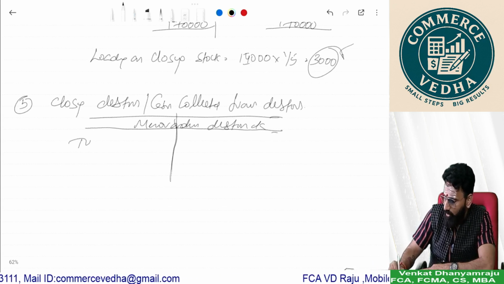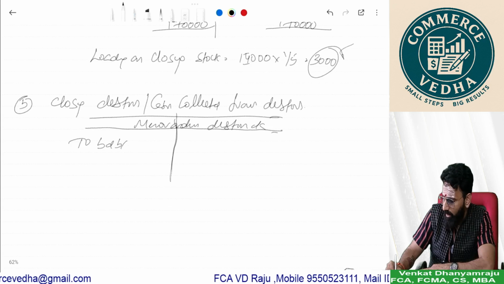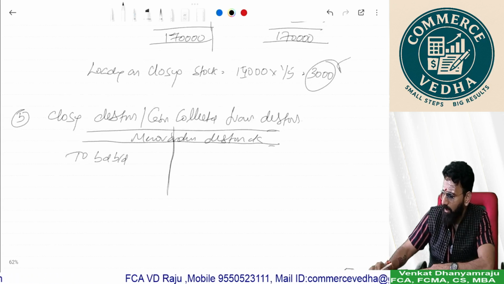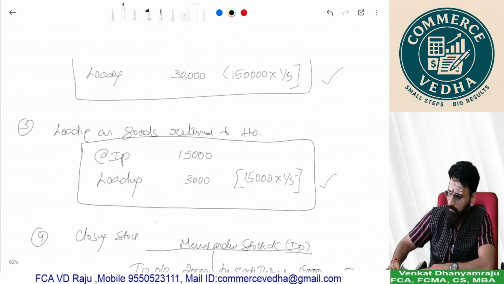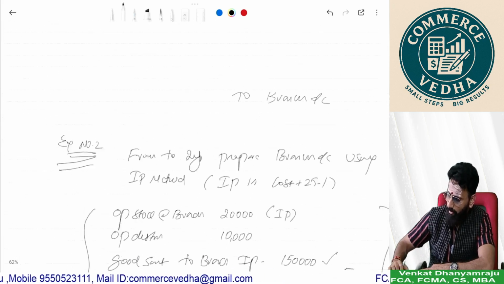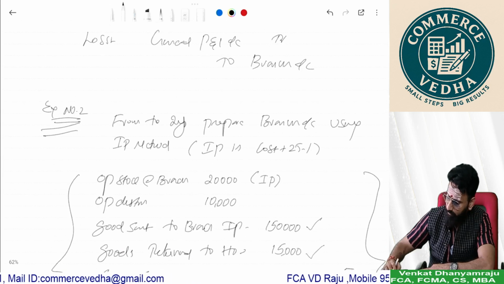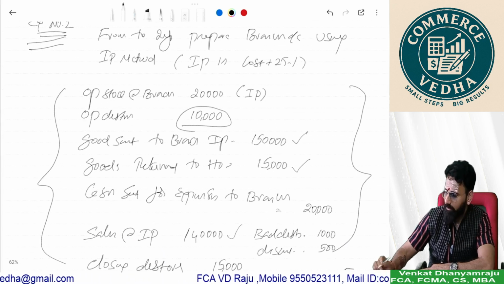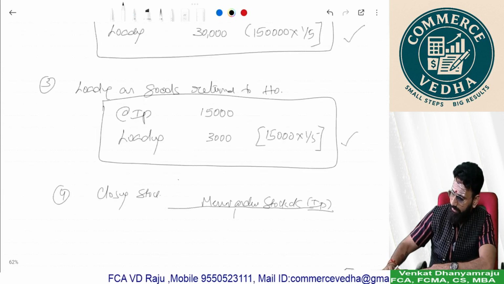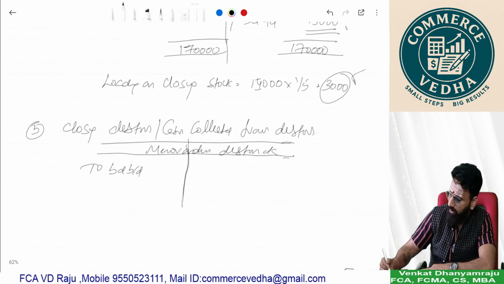To balance brought down, debtors opening balance in the question is 10,000.